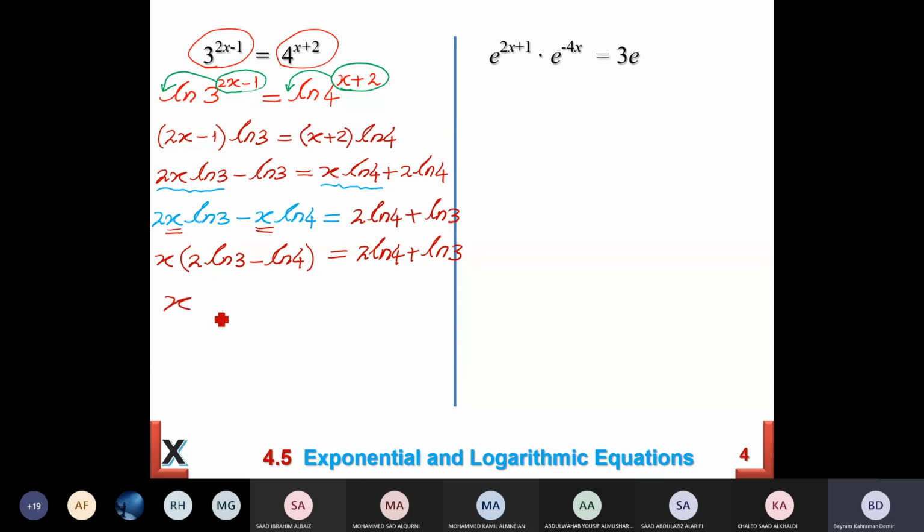So finally we get x equals (2 ln 4 plus ln 3) divided by (2 ln 3 minus ln 4).